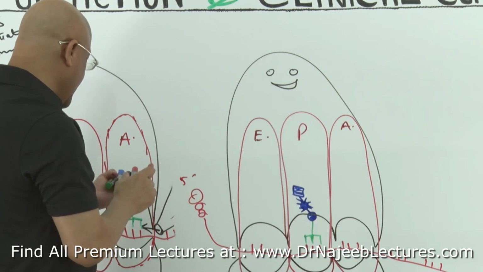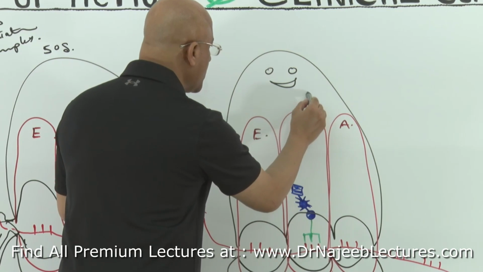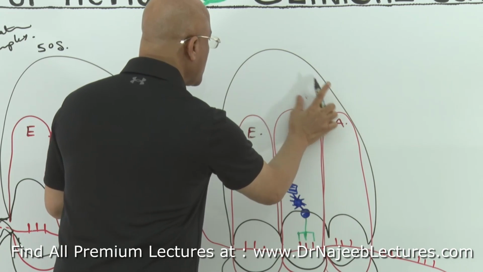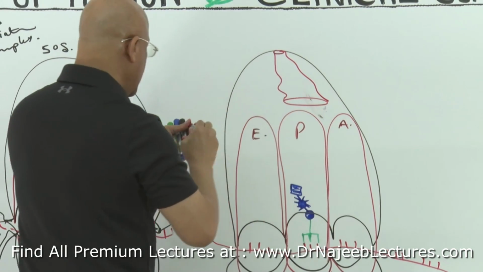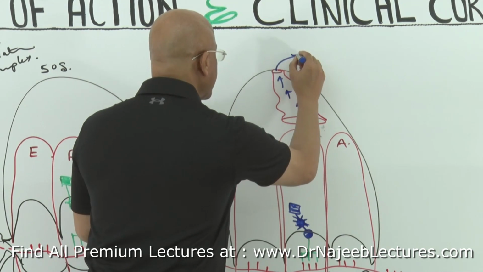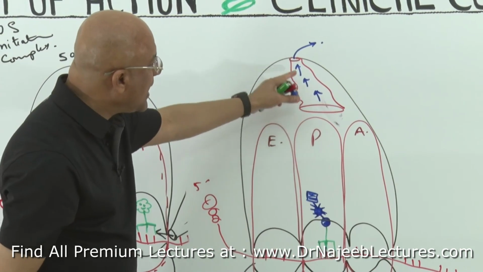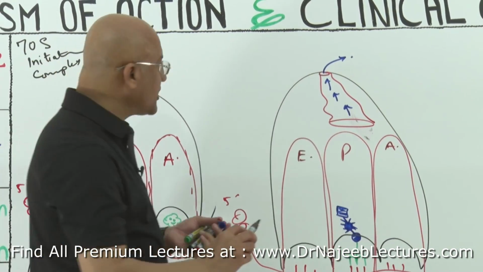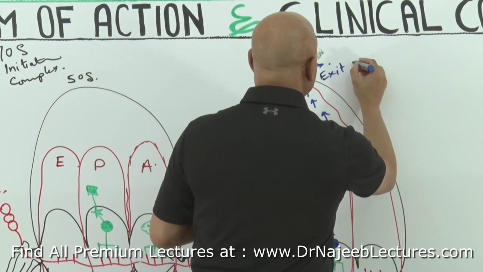From the P site, there is a tunnel going outward. A special tunnel is going from this area outward, and from here the newly formed peptide chain will eventually exit. The newly formed peptide chain will enter into this tunnel and exit. What is it called? Exit tunnel.